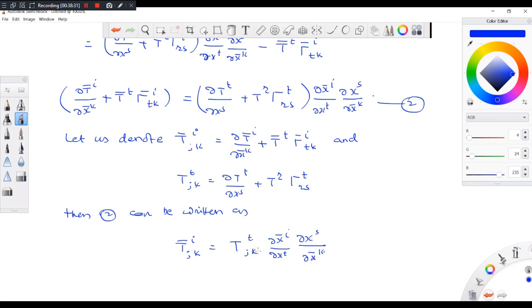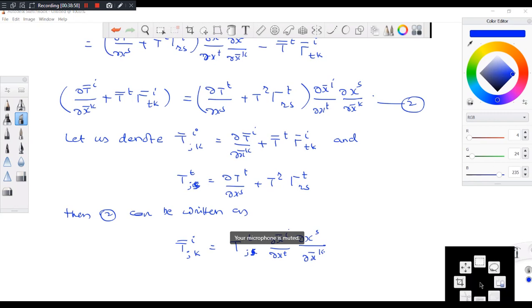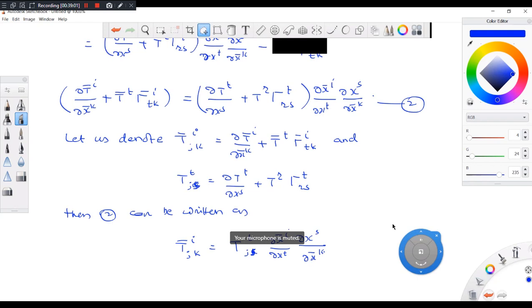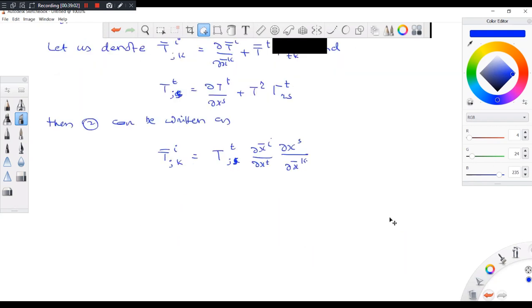Maybe t s x t, this will be s because I is s. So this I put as s. Okay. So you can see that this notation, this quantity is transforming like a mixed tensor. So this is the law of transformation for a mixed tensor.